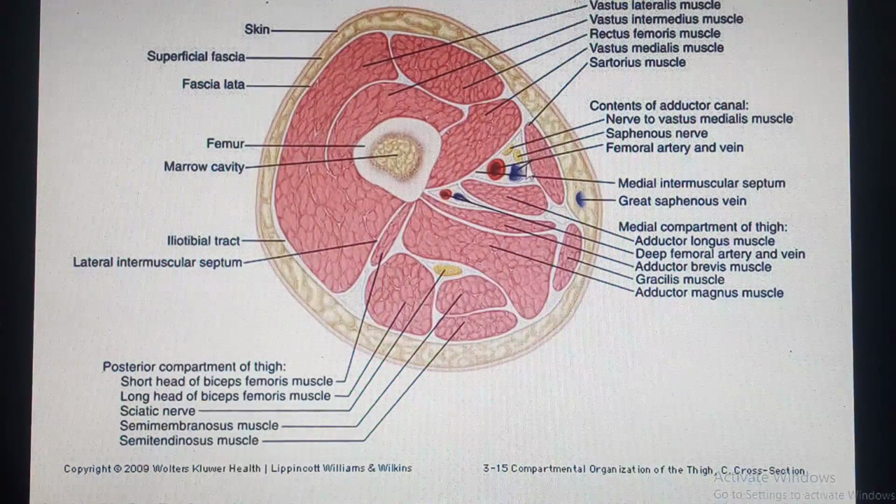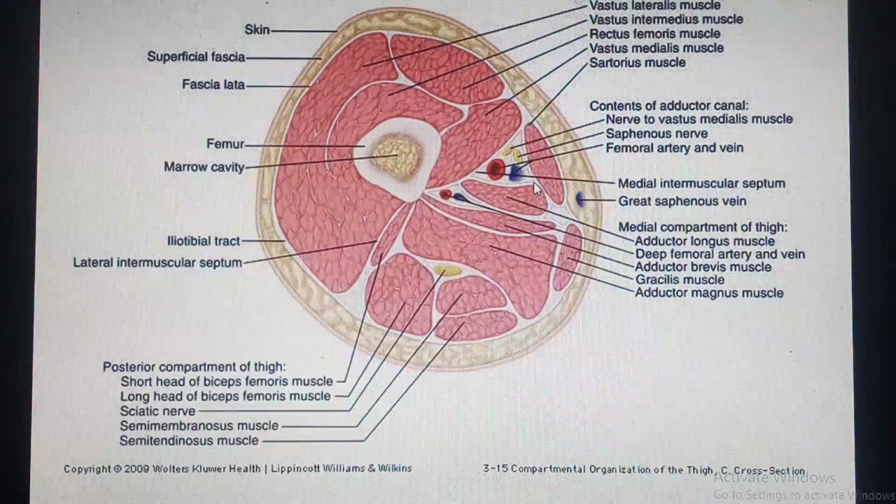Remember that there were three main structures that I mentioned. If you go from lateral to medial, there was the femoral artery, the femoral vein, and of course the femoral nerve, which was the most medial structure.